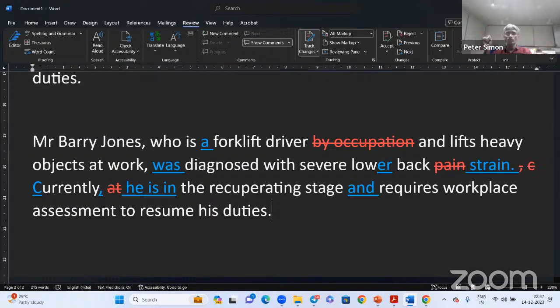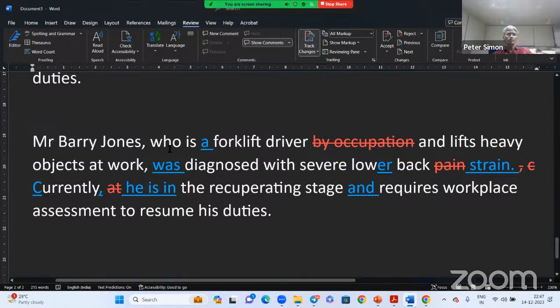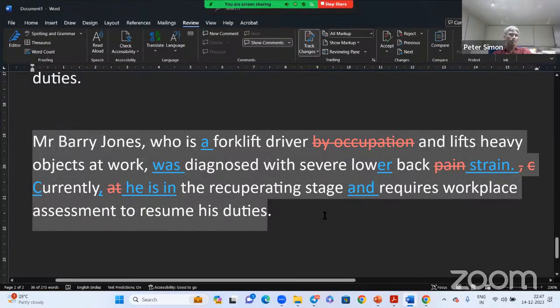Okay, Mr. Barry Jones, who is a forklift driver and lifts... yeah, so it's becoming a little more. So how many words are there? 36 words.